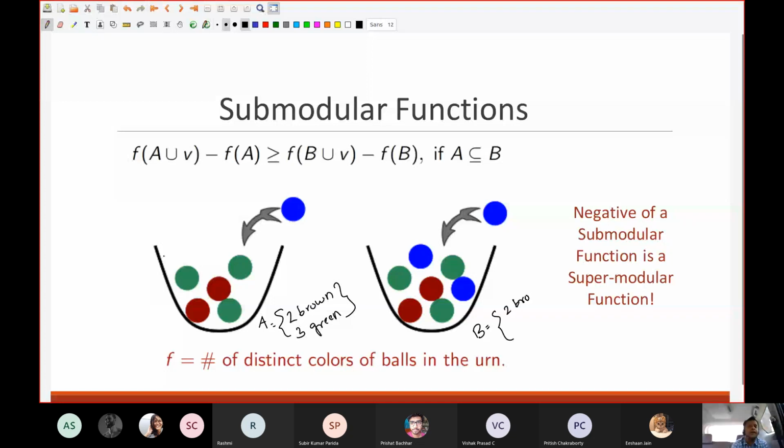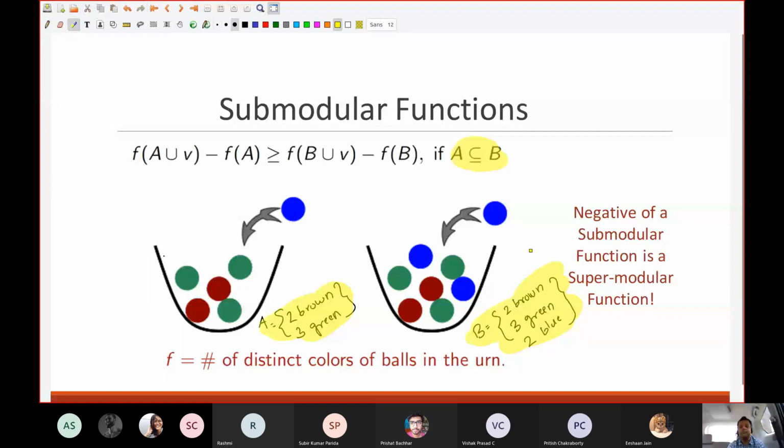Okay, so in this sense, B is a superset of A. Let me just use different colors.